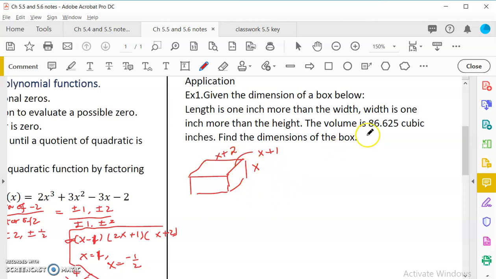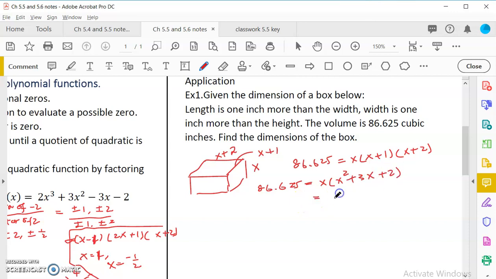But the volume is 86.625. Find the dimensions. So you set up the equation that says 86.625 is equal to x times x plus 1 times x plus 2. So you multiply the other side out. FOIL this out first: x squared plus 3x plus 2.